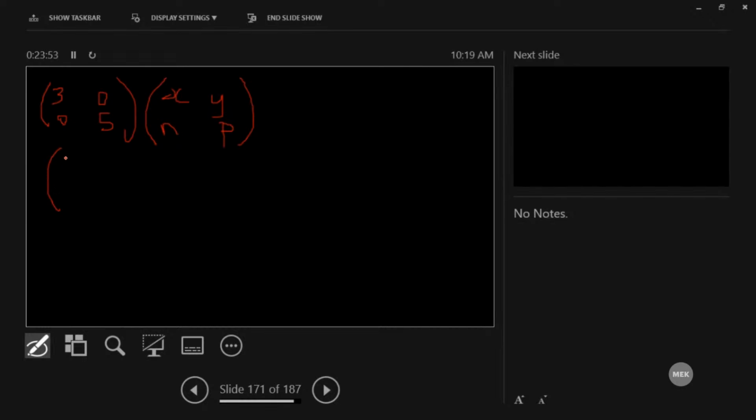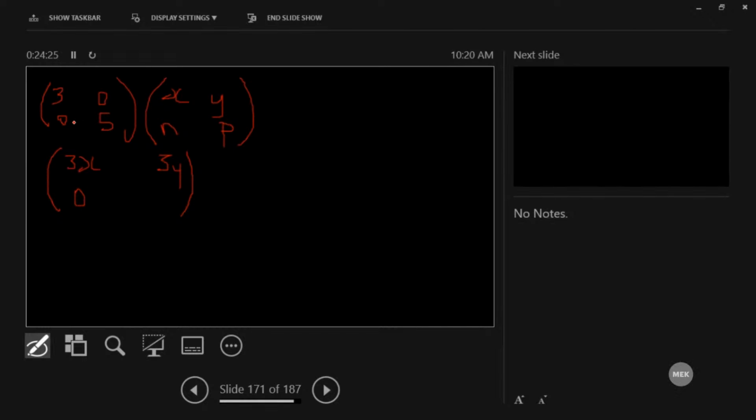So 3 times X, that's 3X. And 0 times N, that's 0. So that's 3X still, because adding 0 is going to give you the same thing. And then 3 times Y, that's 3Y. And 0 times P is 0 as well. 0 times N is 0.